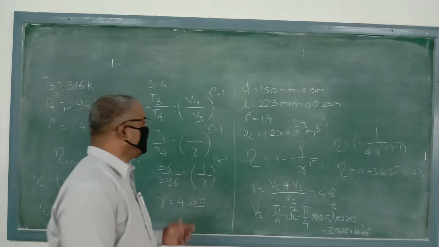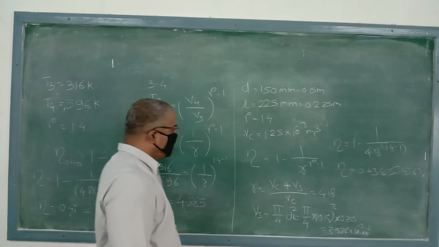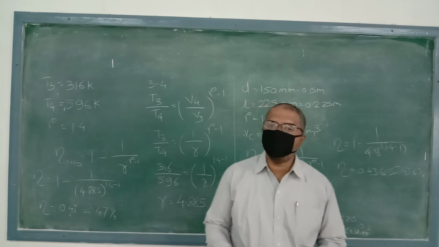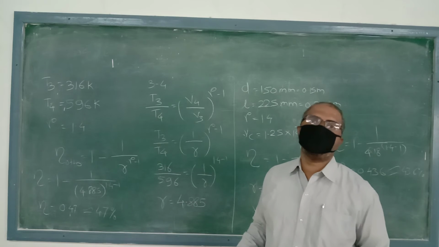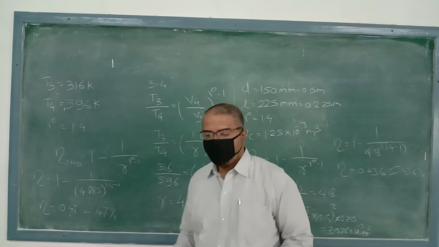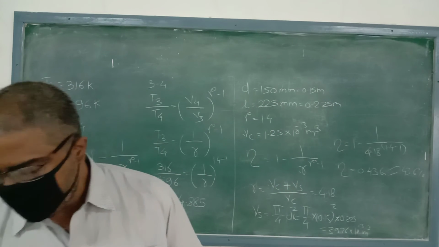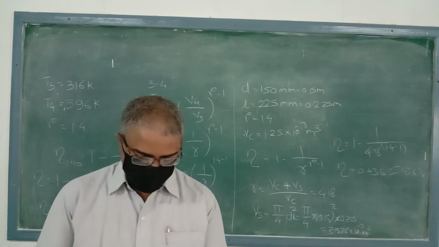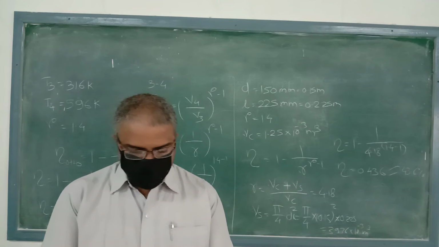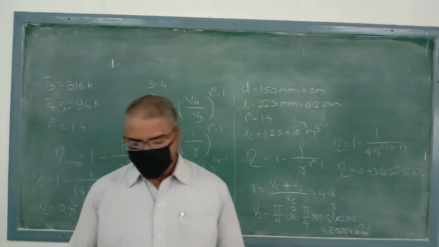So we have seen two problems. In these two problems, we are calculating compression ratio in different ways. Okay. So next problem we are going to discuss is related with the diesel engine.